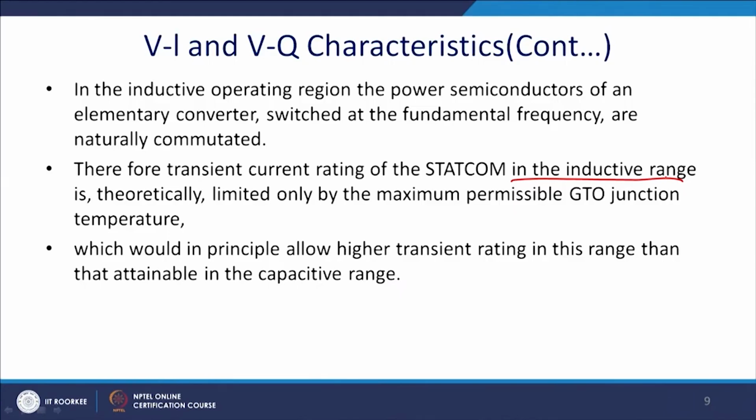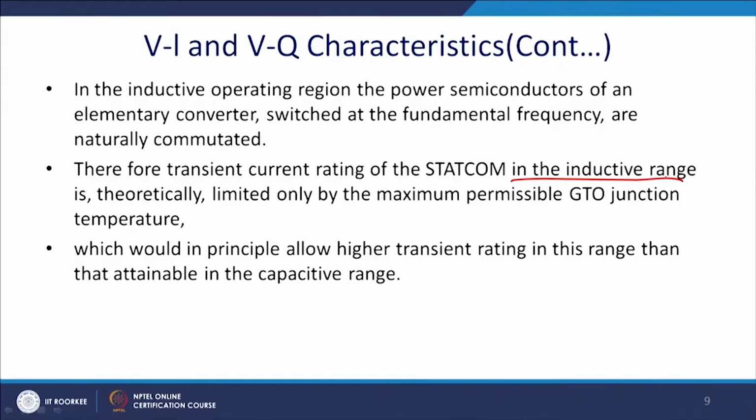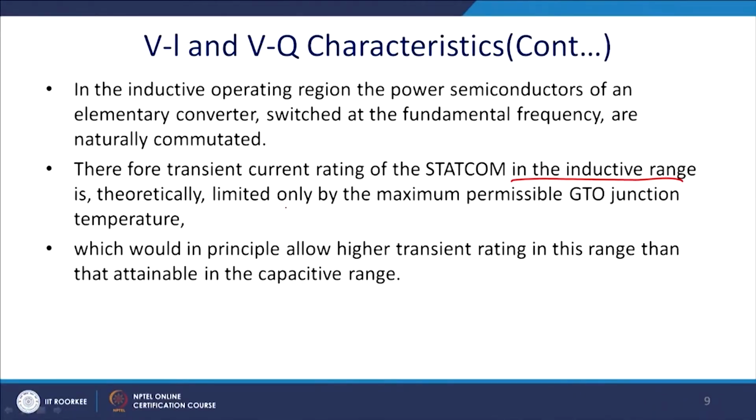and the voltages. In the inductively operating region, the power semiconductors of an elementary converter switched at the fundamental frequency are generally naturally commutated. Therefore, the transient current rating of the STATCOM in the inductive current range is theoretically limited only by the permissible GTO, IGBT or IGCT junction temperature.